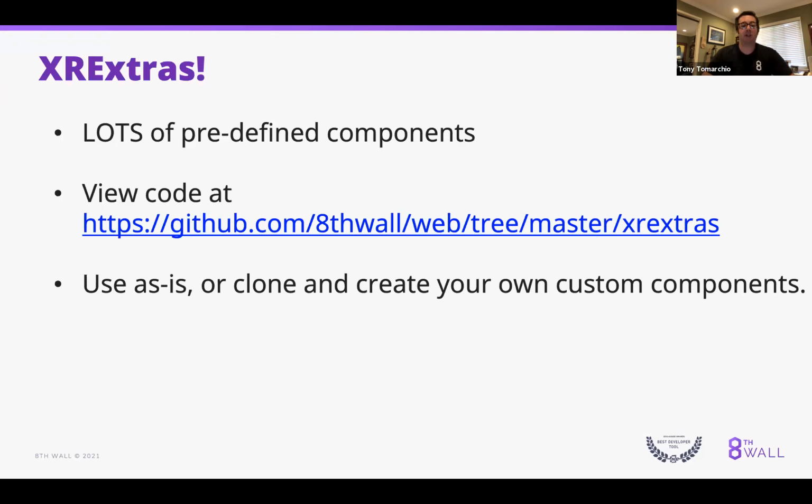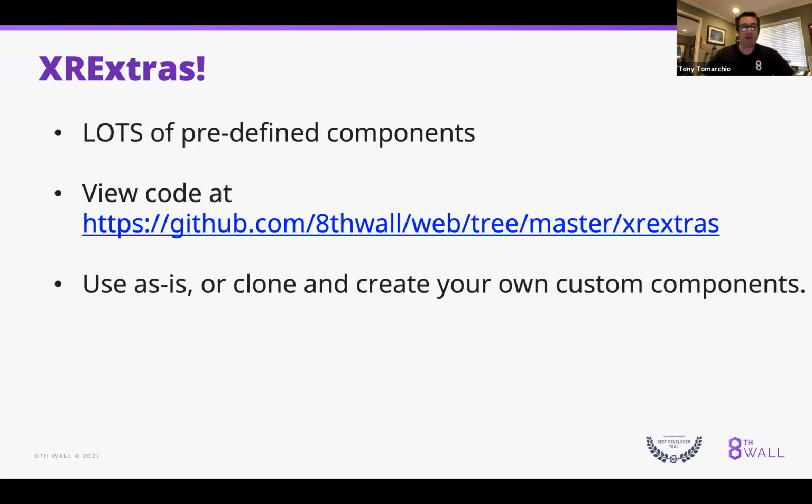And most importantly, and relevant to today's webinar, there are many different A-Frame primitives and components, and a lot of them are image target related. And we're going to talk about some specifics, and we'll demo some of these as well and show you how they work, and how you could modify them if you want to have something work differently.